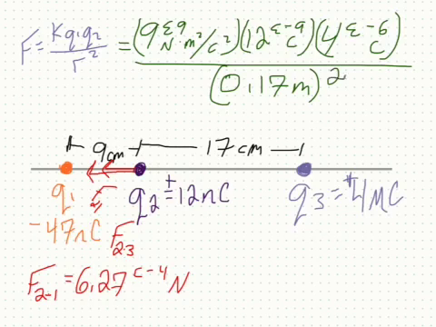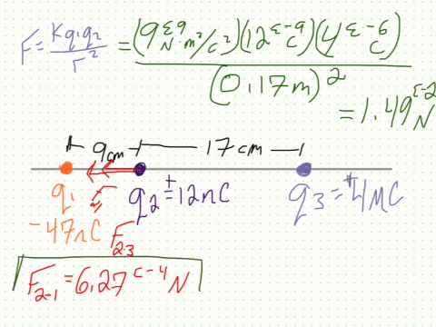And when I run this number, I get a force equal to 1.49E-2 newtons. Okay, so I've got one force down here to the left of 6.27E-4. I've got a second force, a much larger force because of a much larger charge on Q3, also to the left, and I know that because of the signs, and that's 1.49E-2 newtons.